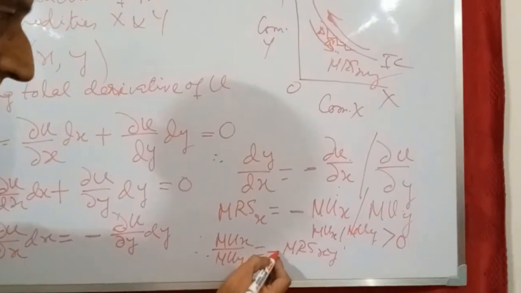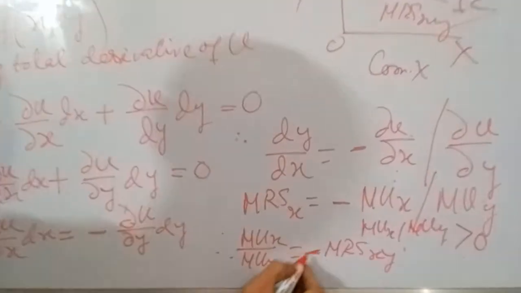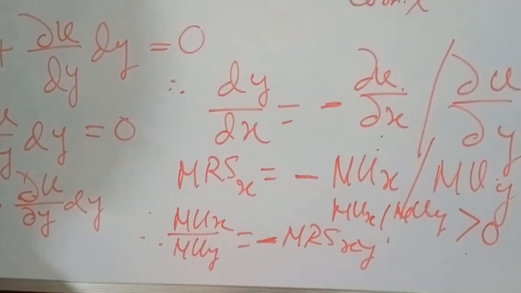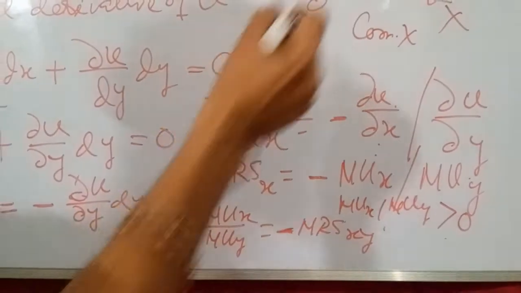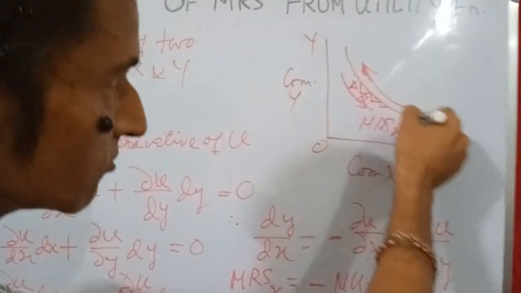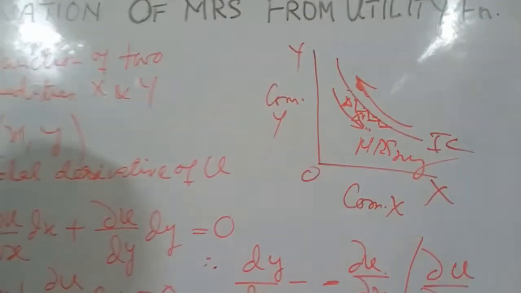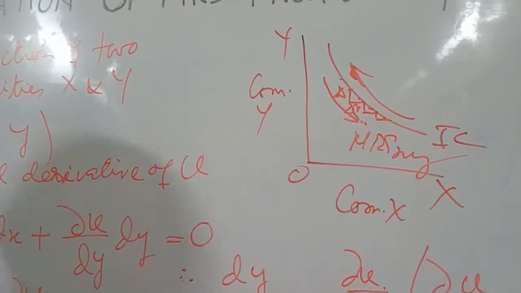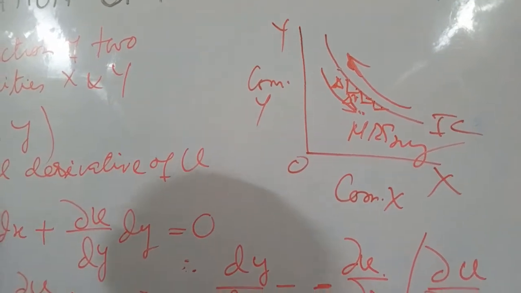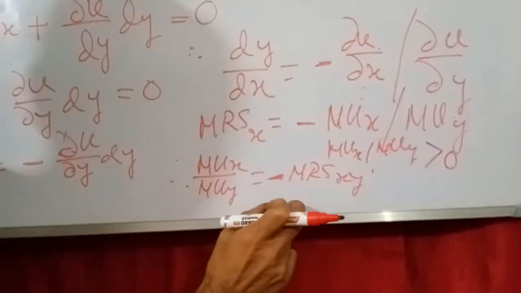Now, why is this negative sign put before MRS XY? This is the reason. The IC curve slopes downward. Because of its downward sloping shape, the marginal rate of substitution of x for y is negative.